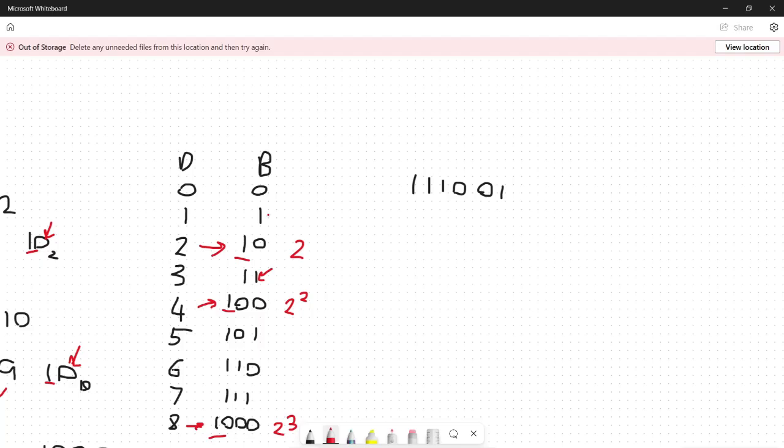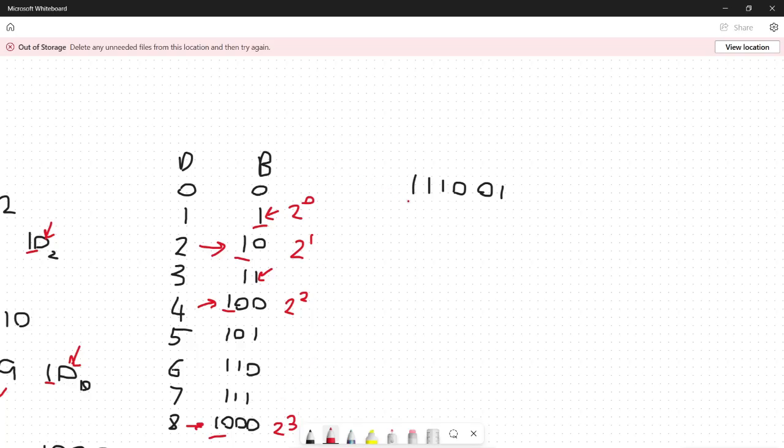The value in the very first digit is going to be 2 to the power of 0. The second digit, that's where we get 2 to the power of 1. The third digit is represented by 2 to the power of 2. The fourth, 2 to the power of 3.